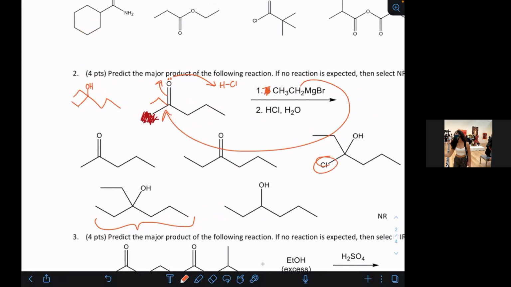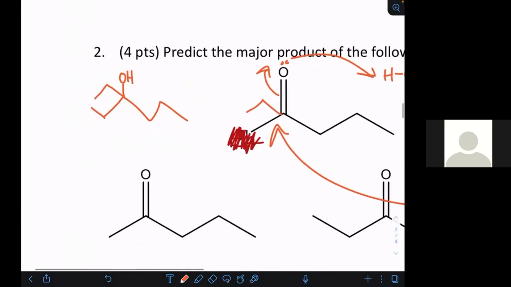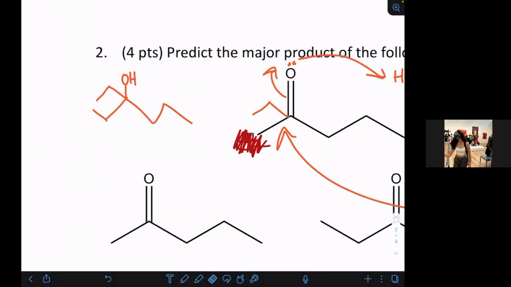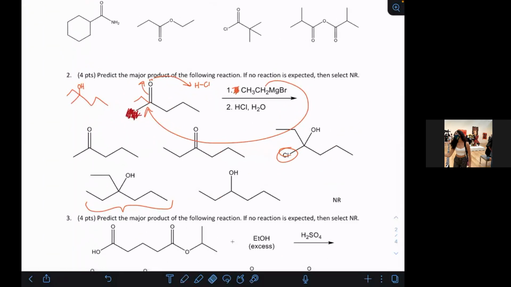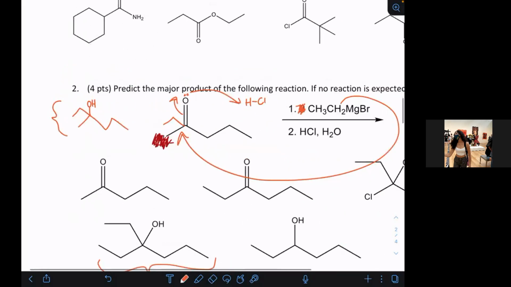I was thinking hypothetically without it. Yeah, but we don't really know. But I guess this is just if it were a ketone.